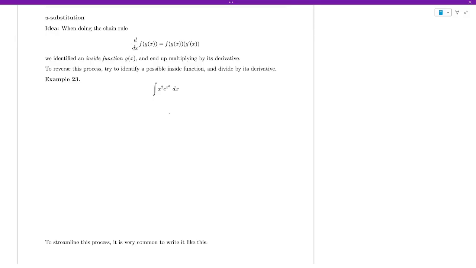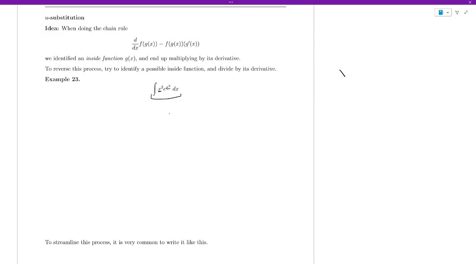This is very similar to the one we just did, but let's say we had this antiderivative that we're trying to do. So I'm like, okay, what could this antiderivative be, thinking about the chain rule? Well, I spot that this x squared is kind of like the derivative of x cubed, right?